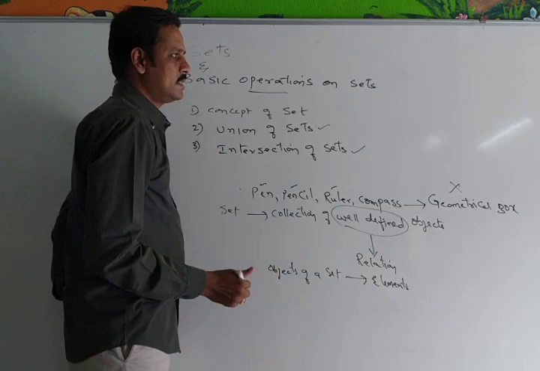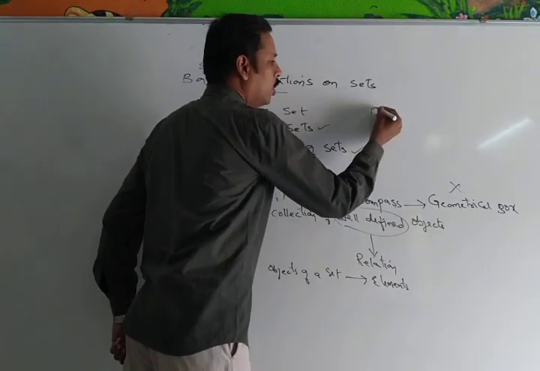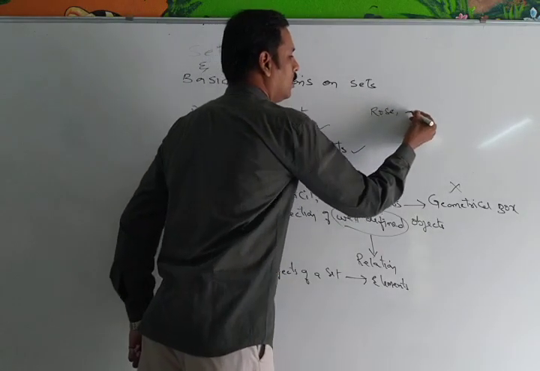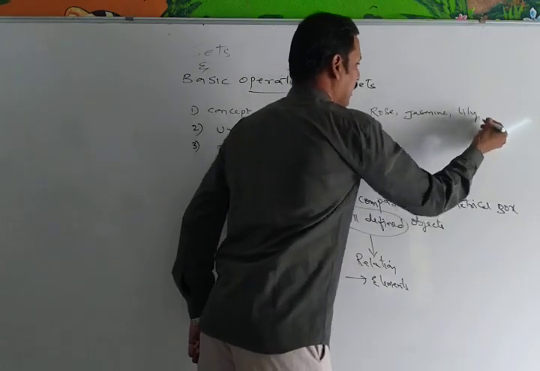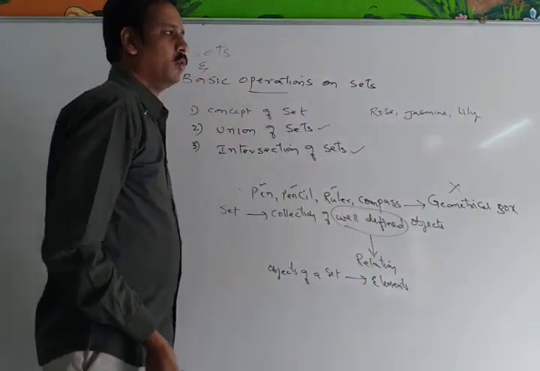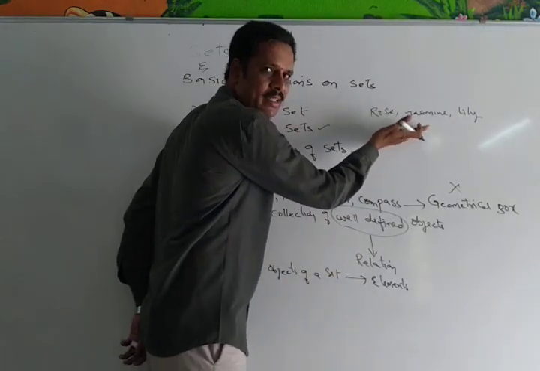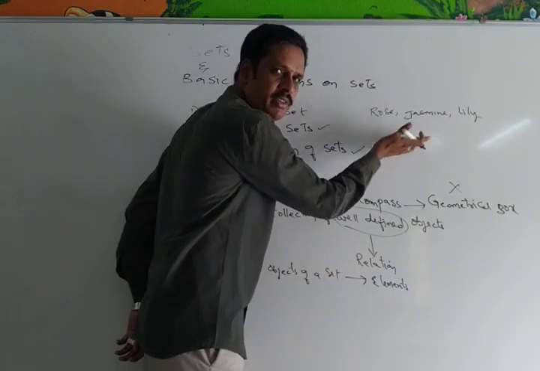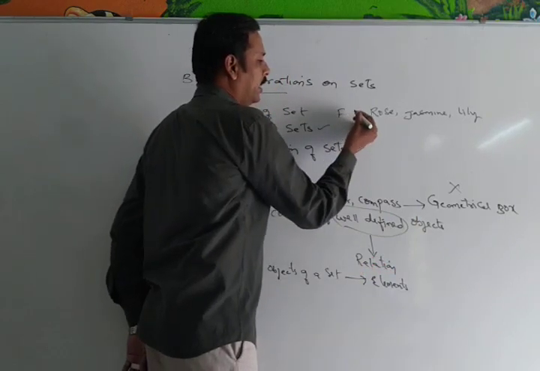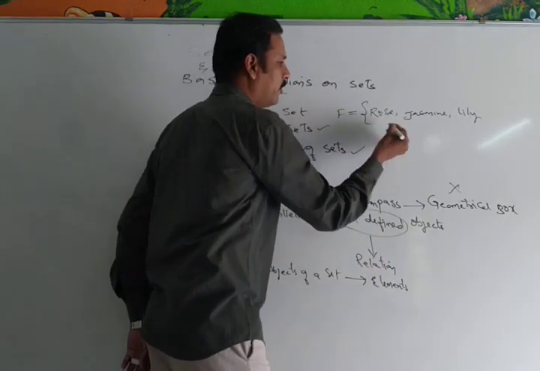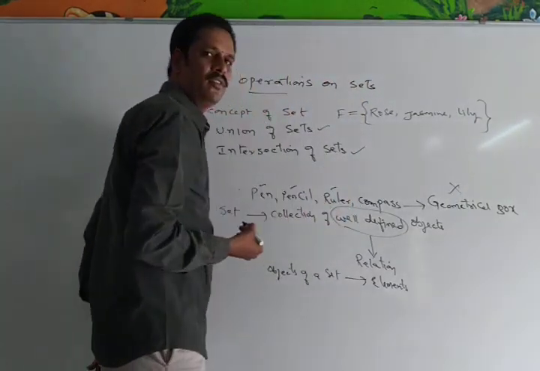So, let me take one more example. Rose, jasmine, lily, etc. Now, this is also the objects of a set, because what is the common relation between them? These are flowers. So now I can define a set F as set of flowers.